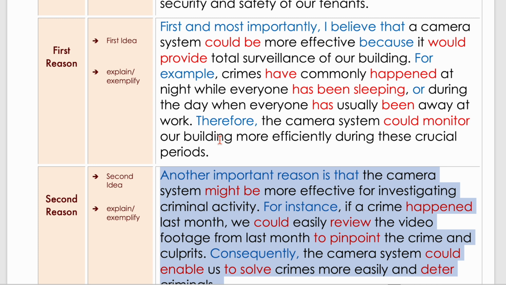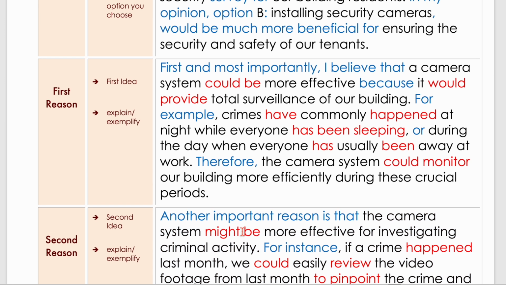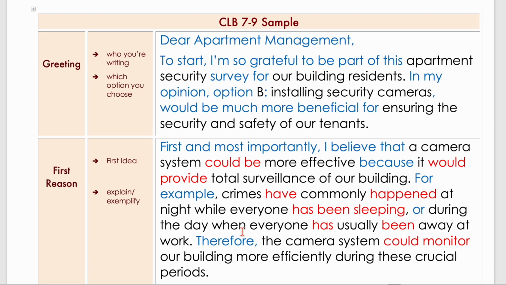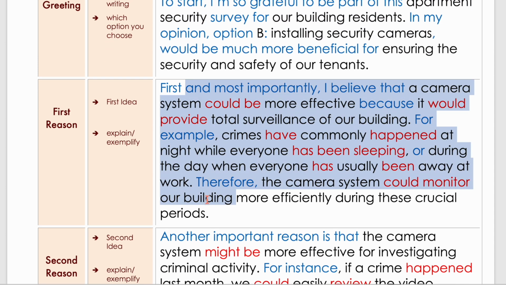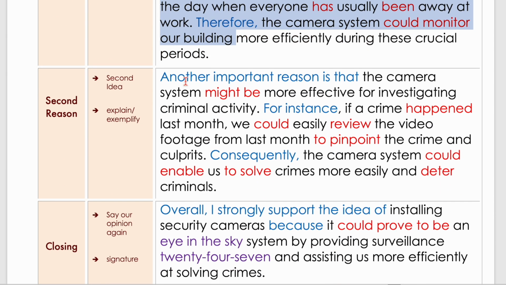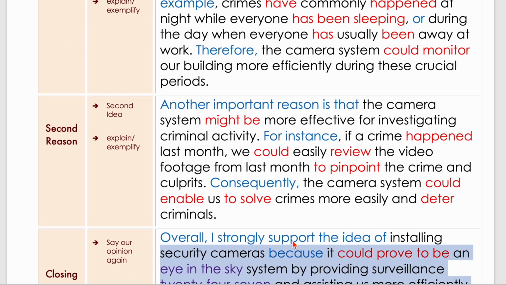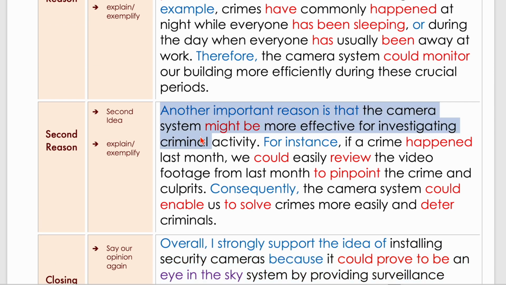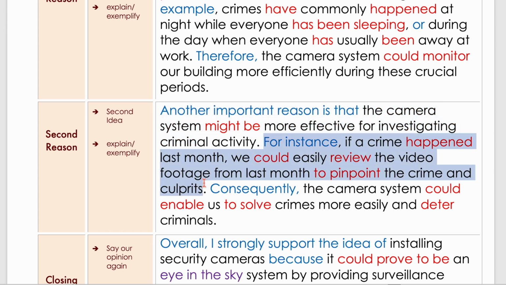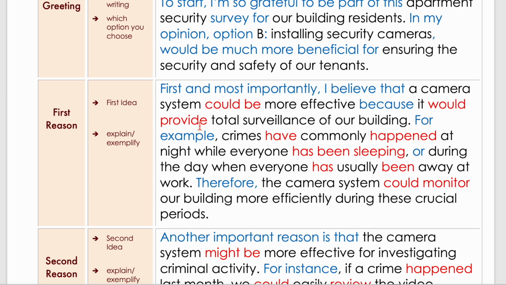Level 7s and 8s, I don't want you to get stressed. This is not what you need for level 7 or 8, okay? This is a good example, level 7 and 8s, of how we can structure our survey response, and a really good example of how we can explain ideas: give an idea, give an example, explain the connection, give an idea, give an example, explain, okay?